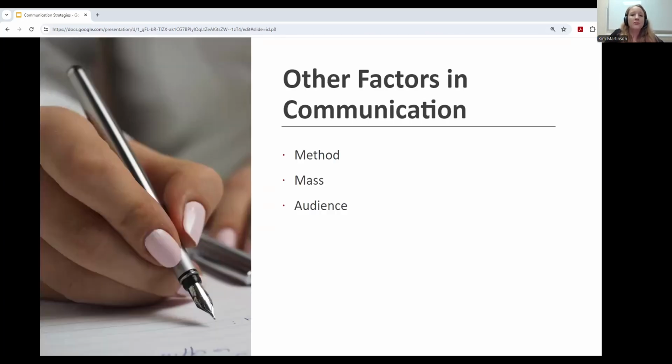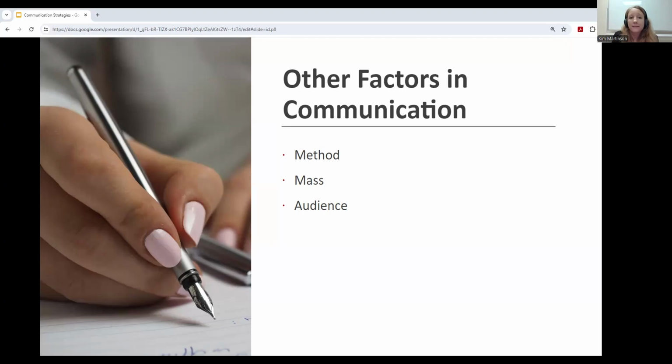Other factors in communication that we should consider are, first, method. The method in which the communicator shares their message is important as it has an effect on the message itself. Communication methods include person-to-person, telephone, email, text, radio, fax, public presentations, PowerPoint presentations, television broadcasts, and so much more.